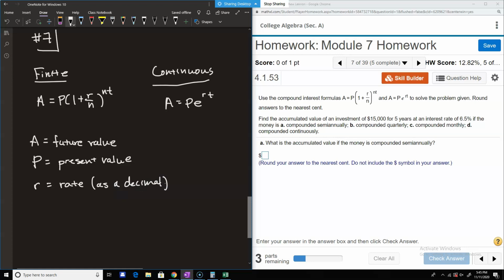So for instance, if it were 5%, you would not have r equal to 5, you would have it equal to 0.05. n is the number of compound periods annually. And t is the time in years.